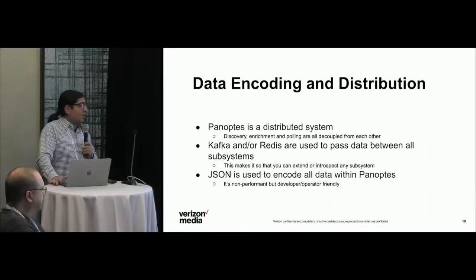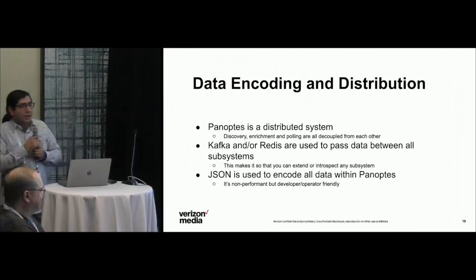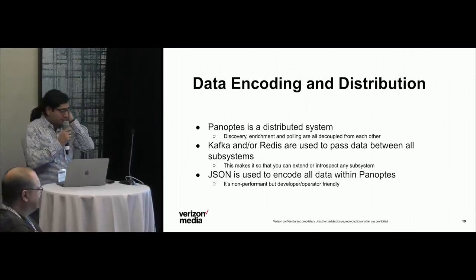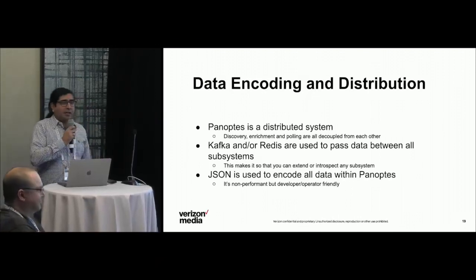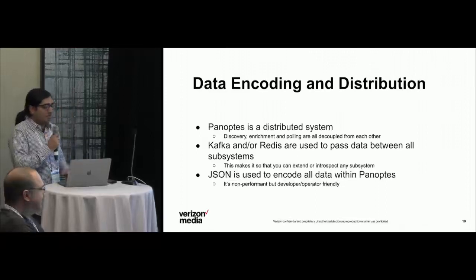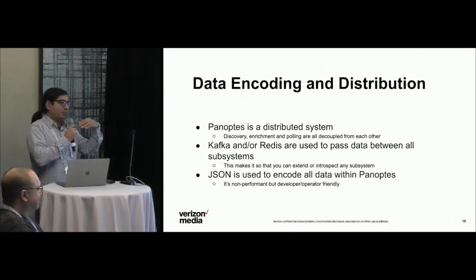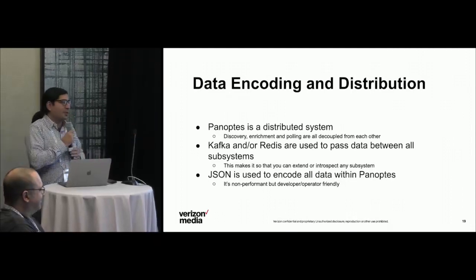We encode all data in Panoptes using JSON, which is supremely inefficient and extremely non-performant. It's a conscious choice we made for developer productivity. And even Python per se is a choice in terms of developer productivity rather than performance.